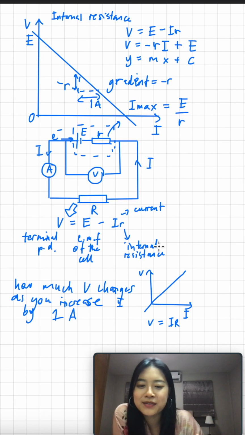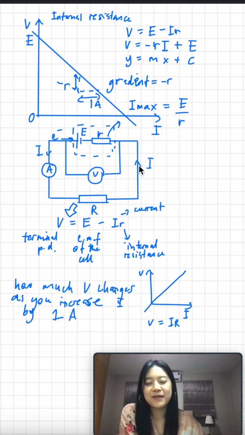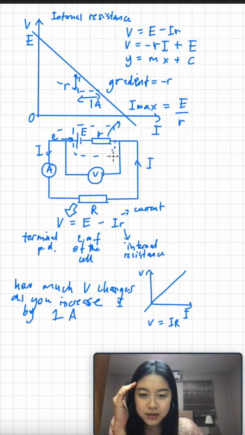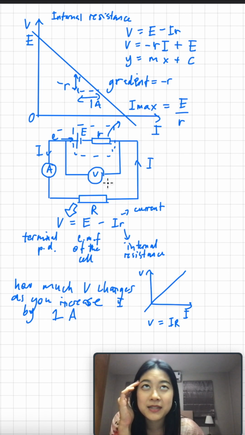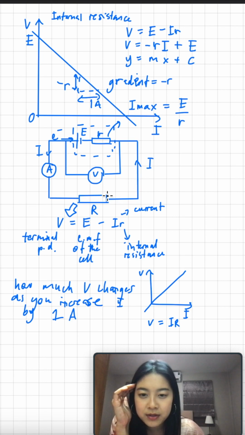So why does V change by minus r as you increase the current by 1 amp? Let's think about the circuit. Let's say you did increase the current by 1 amp, by decreasing this resistance. What you have is 1 extra unit of charge per unit time going around this circuit.